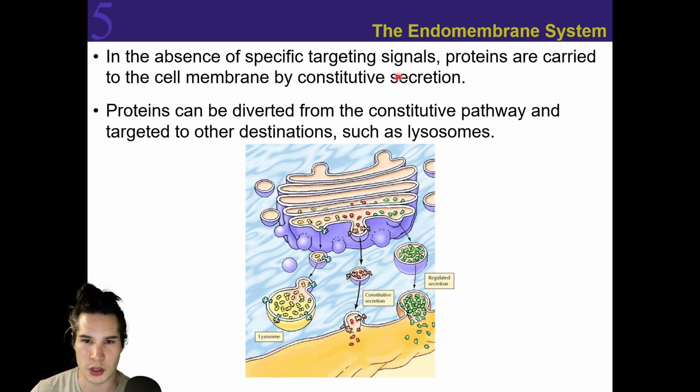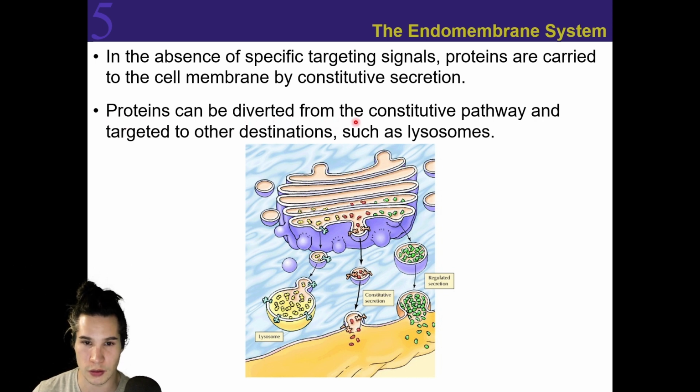So in the absence of specific targeting signals on these vesicles, proteins are carried to the membrane by default. We call this constitutive secretion. So in this case, constitutive secretion is just by default tagged to be released outside of the cell. Now, you could simply not tag it to be sent outside of the cell.